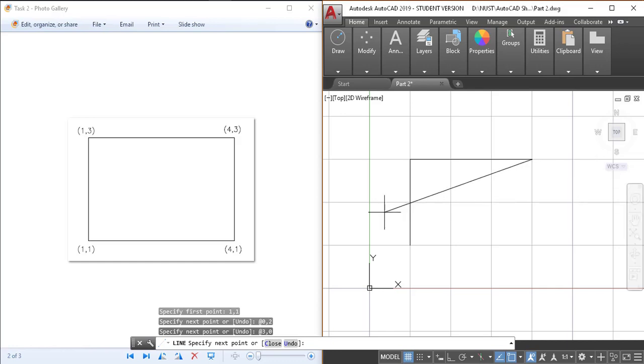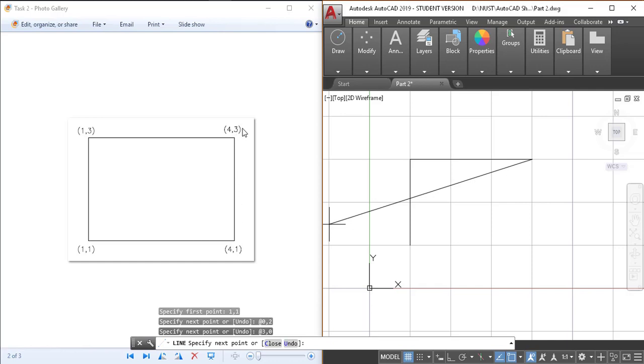For the fourth point, first of all, we have to compare the x and y coordinates. The x coordinates of the start point and end point of the line are the same. It means we have to move 0 units in the x-axis. Now we have to compare the y coordinates of the start point and end point.